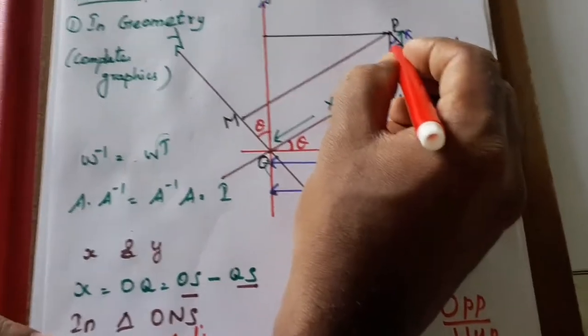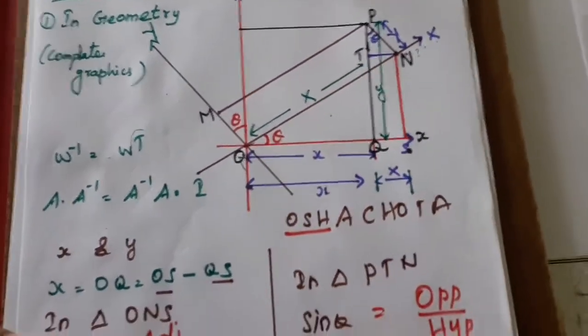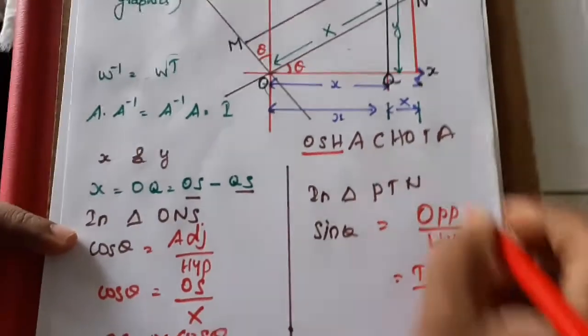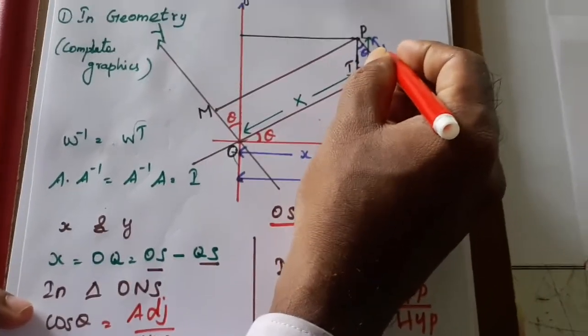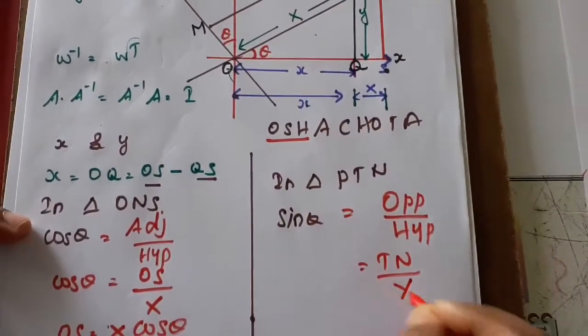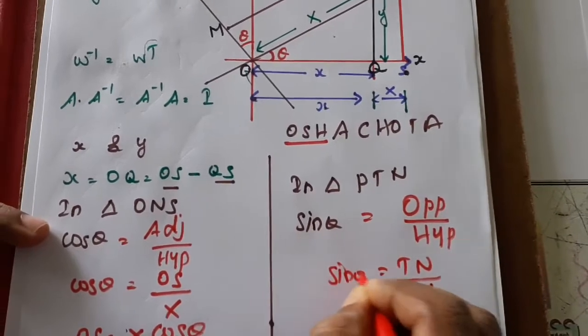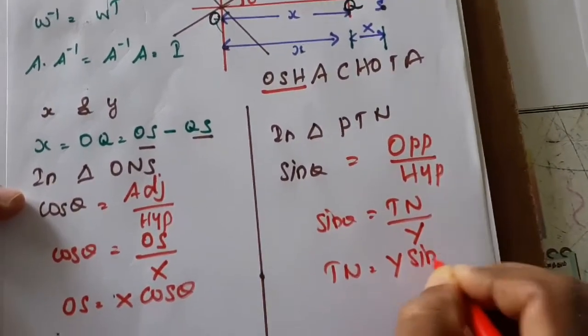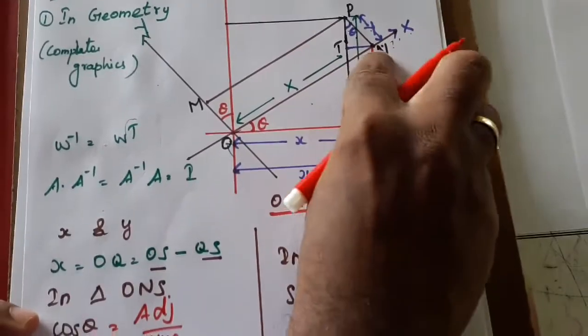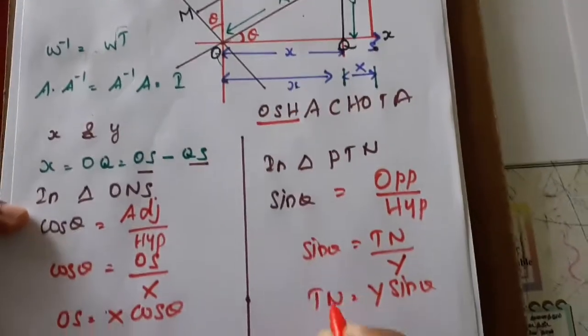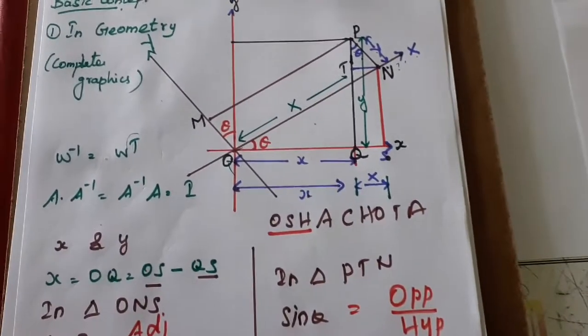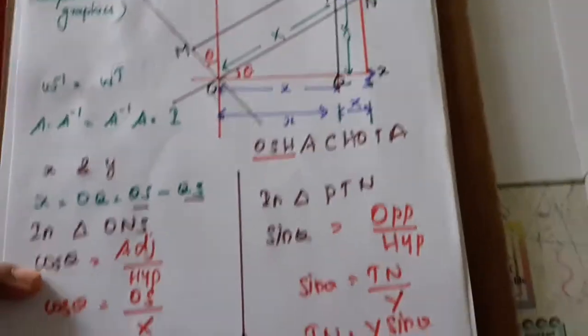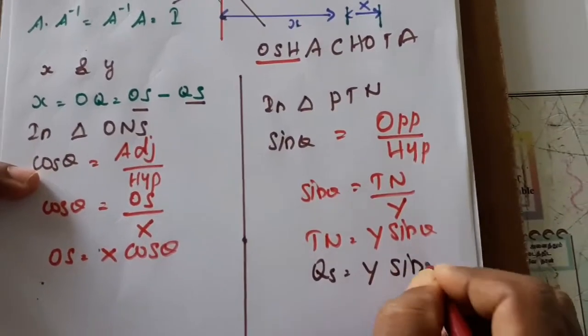The opposite side is TN, divided by the hypotenuse, the biggest side, which is capital Y. This is sin theta. Therefore TN is equal to capital Y sin theta. Definitely TN is equal to QS. Therefore QS is equal to capital Y sin theta.